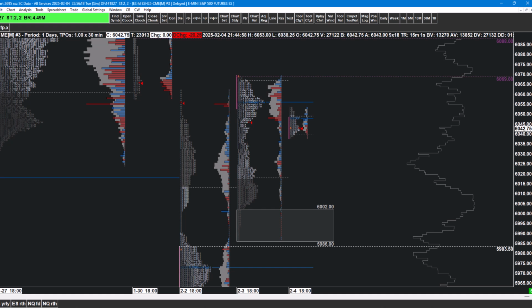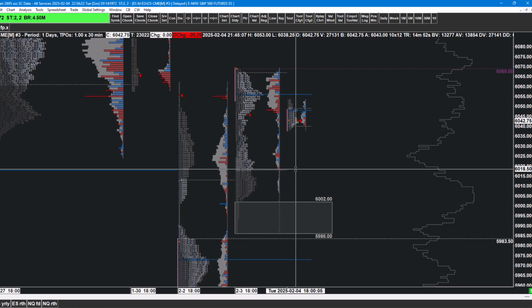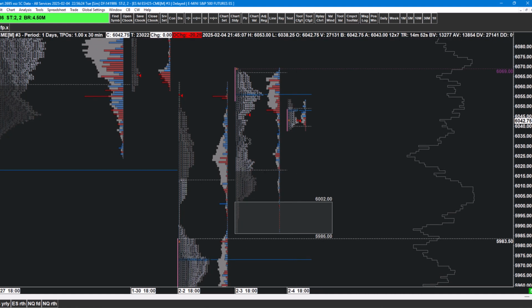It's just a low node. It's just a low node. And then here we have value. So this zone right here is what gave me the incentive that I think overnight's just going to range around here. And it's also in the bulk of this value.